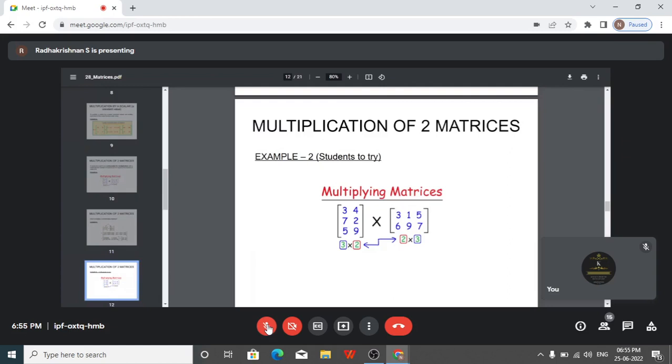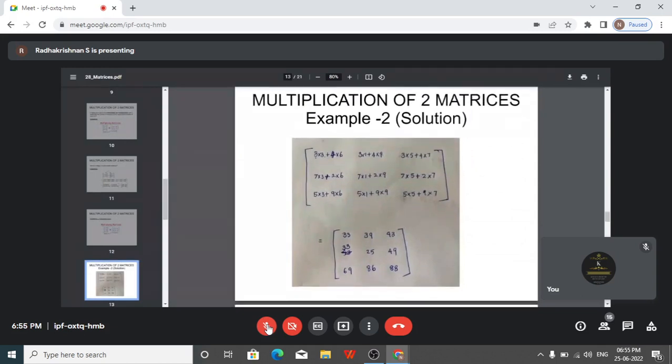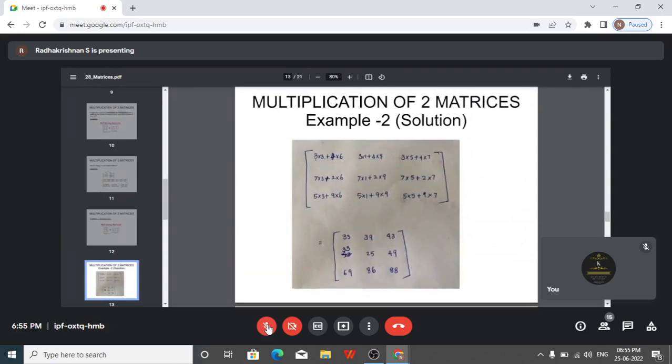Sure. Now I will show the solution. Okay. So it is like 3 into 3 plus 4 into 6, 3 into 1 plus 4 into 9 and so on.